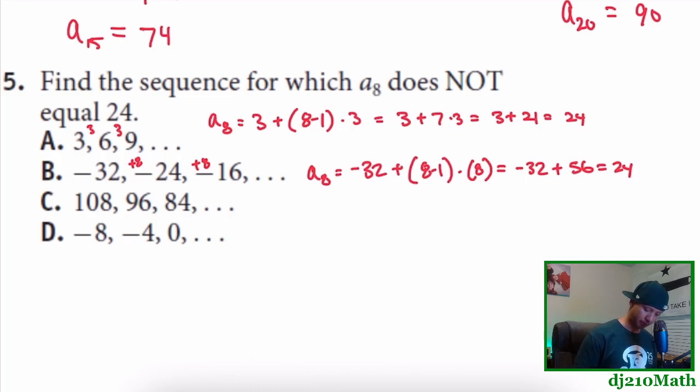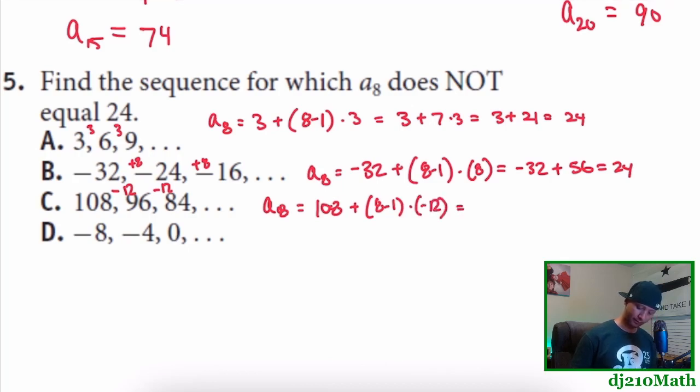All right, 108 to 96. We're subtracting 12. Subtracting 12 again, 96 to 84. Okay, so A sub 8 is going to be 108 plus 8 minus 1 times negative 12.